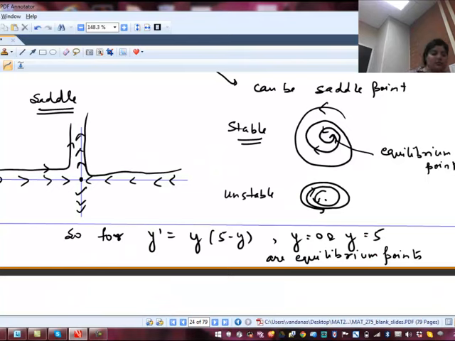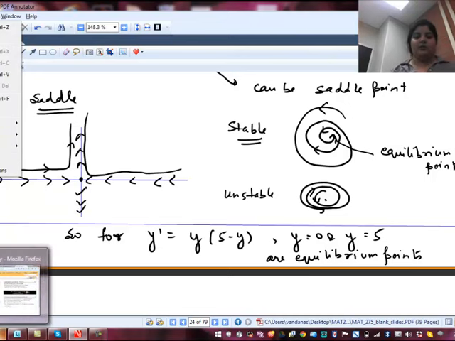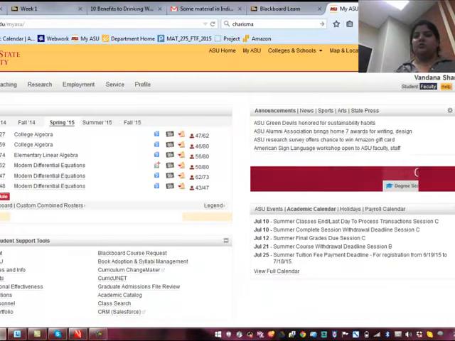So let's do another way out. The solution is definitely telling you, but I also want to show you one thing, so let me pull that up very quickly.